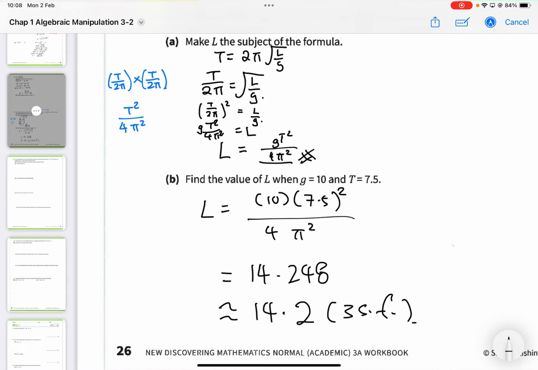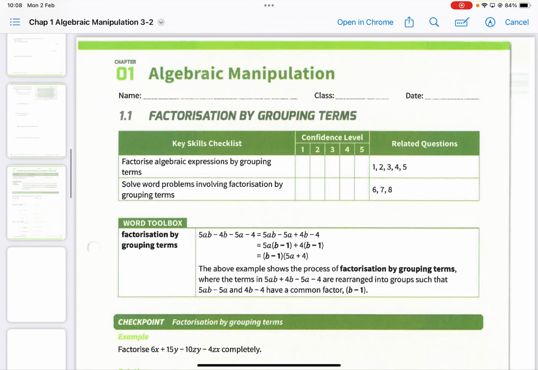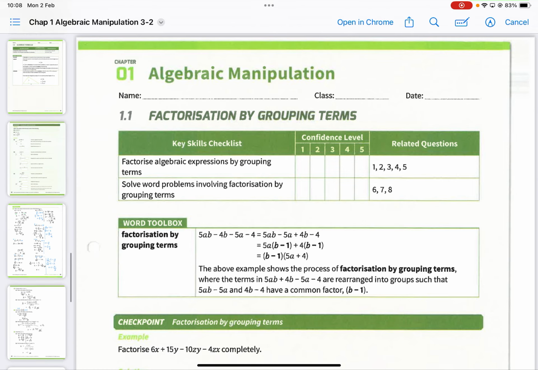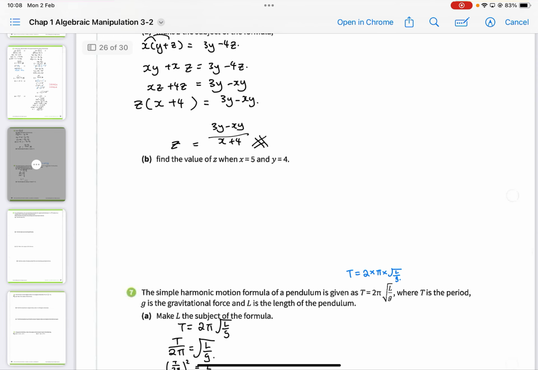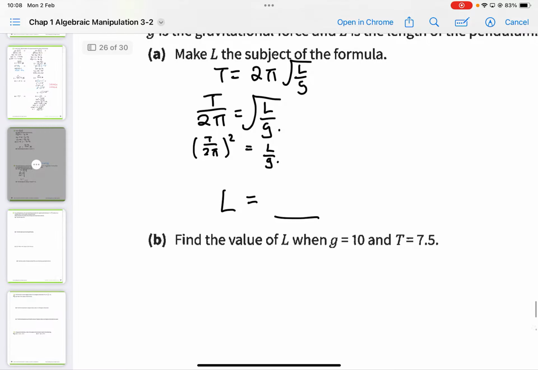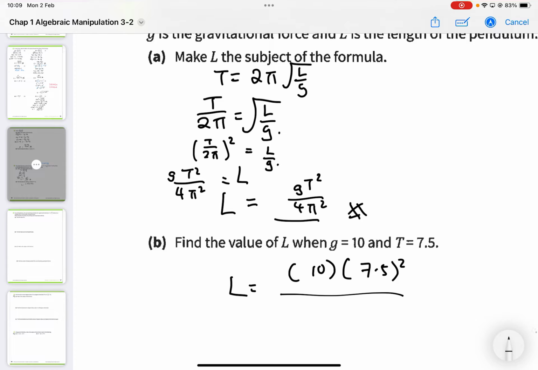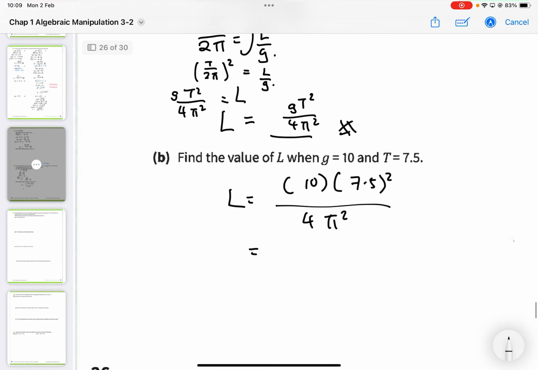Okay? No! Walao. Angry. Oh, okay, still here. Hey, no. 14.2 something, right?